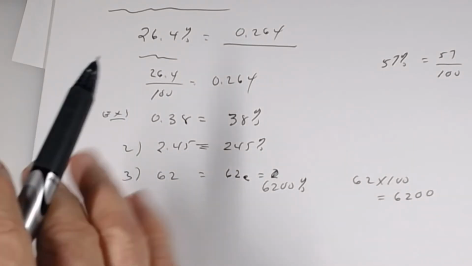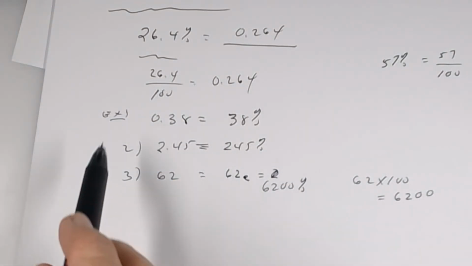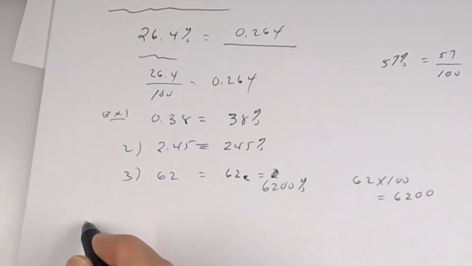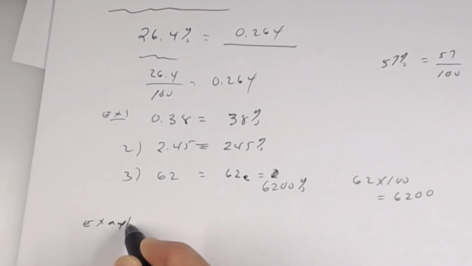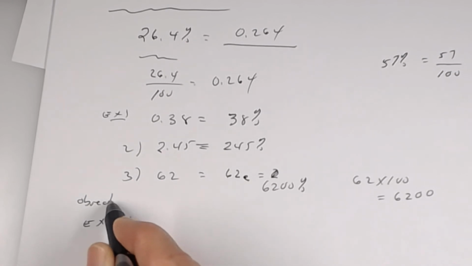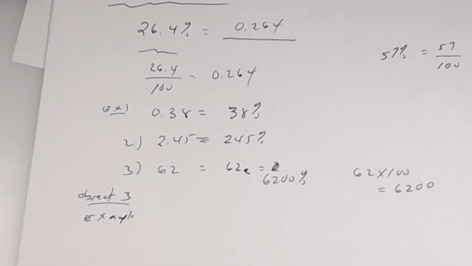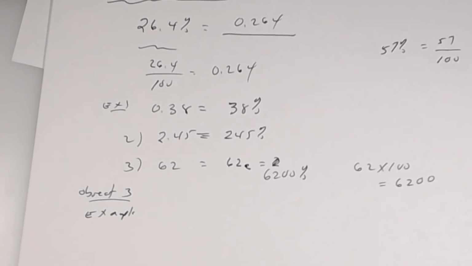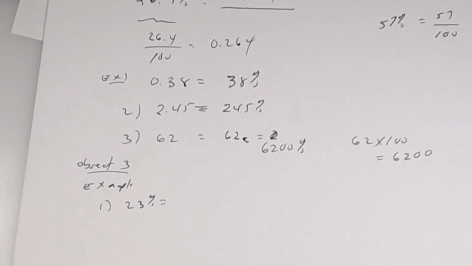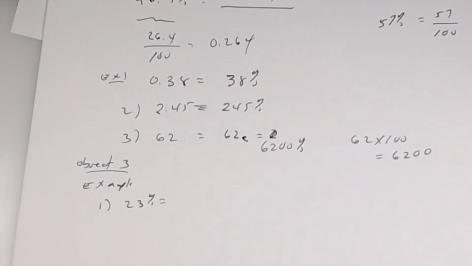Now, based on what we just talked about, look at that next example under objective 3. Write 23% as a decimal. First of all, if you're not sure, what are you going to do first? What are you going to do?